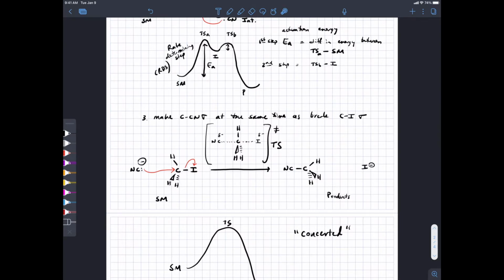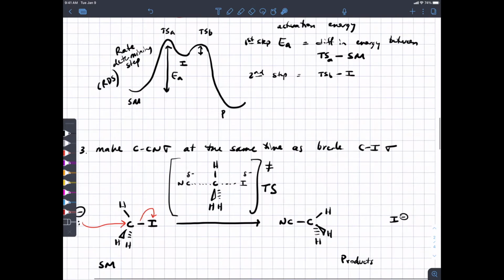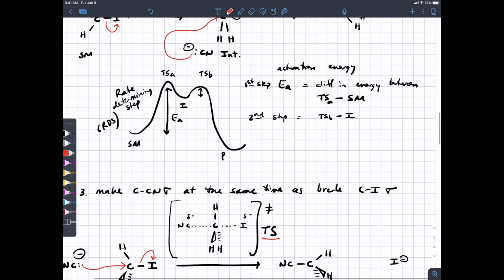We're going to see, spoiler alert, that mechanisms 2 and 3 are possible, and whether you go through the mechanism for 3 or the mechanism for 2 depends on the height of this transition state versus this one. If it's easier to go over this one, we'll take this pathway. We're going to learn what makes those transition states higher or lower in energy, and then it's going to be easier to make that call.